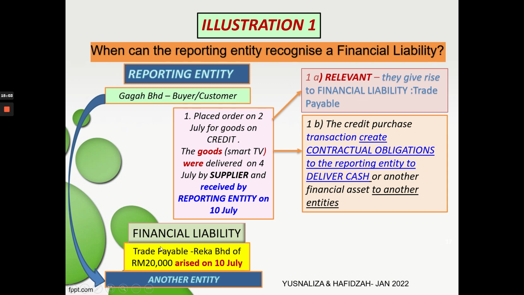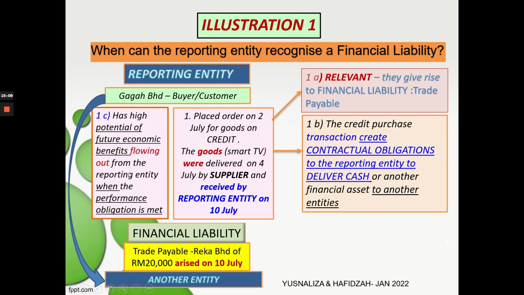Here there is only one entity, so I put here another entity. Sometimes you may have several suppliers. And because of that, the reporting entity has high potential of future economic benefits flowing out. The future economic benefits that will flow out is the delivery of cash that will be made within the credit period. And this is only met when the performance obligation is met.